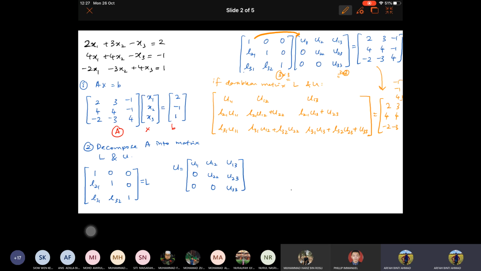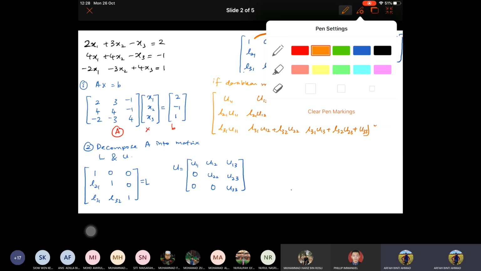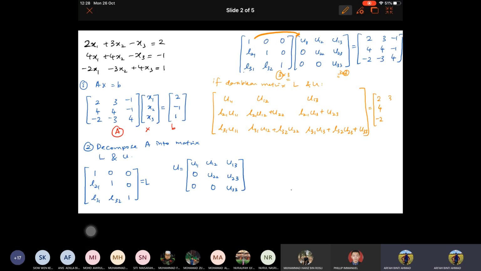Tak pun saya letak dekat bawah ni. Tambah U33. Tapi tak lawa lah. So biarlah dia dekat satu baris tu. Dia akan sama dengan 2, 4, negatif 2, 3, 4, negatif 3, negatif 1, negatif 1, 4.